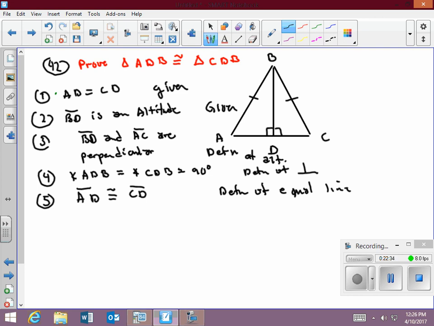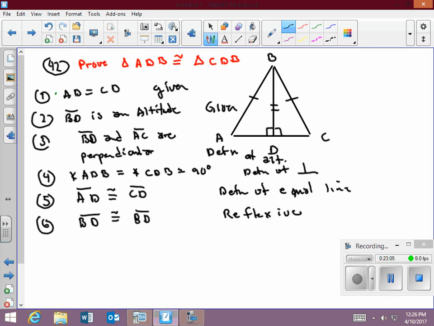I guess you'd have to say line DB is equal to line BD. So you can get side, angle, side. You can say BD is congruent to BD, reflexive.